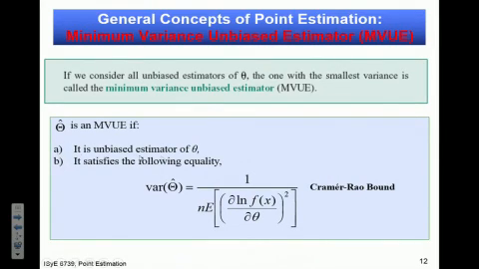If you want to show that, for example, X bar or some specific estimator like theta hat has the minimum variance, you need to show two parts. The first one is that it should be unbiased. The second part is that the variance of your estimator should be equal to this bound, which is called the Cramer-Rao bound. In this case, f of x is the PDF, this is the expected value, this is the sample size, and this notation is the derivative with respect to your parameter.